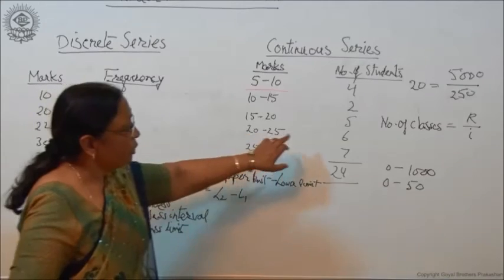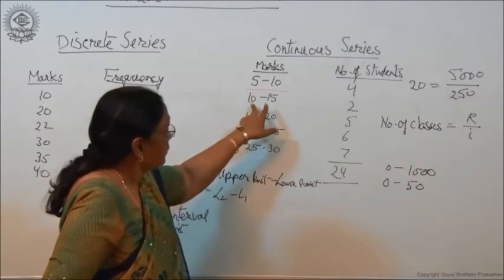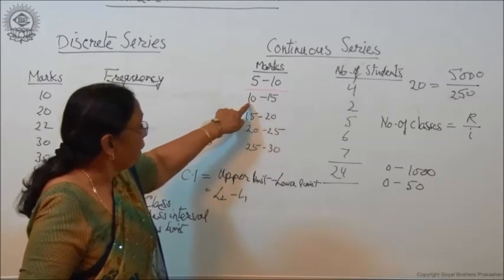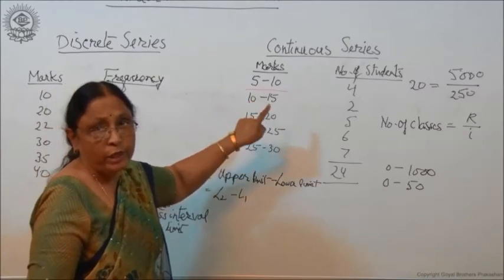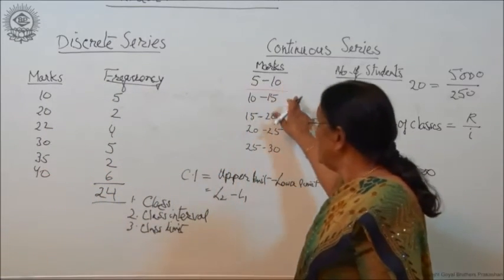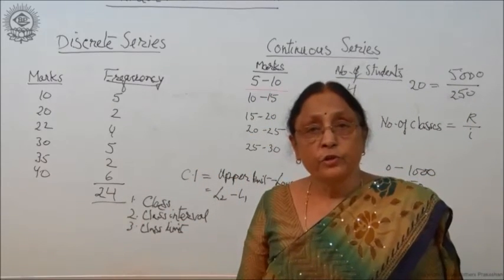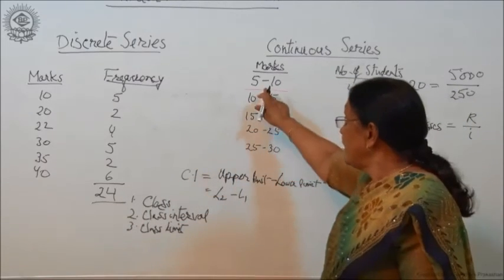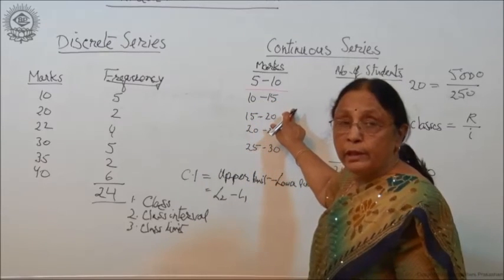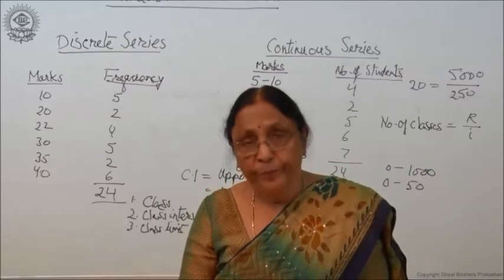So class, you have understood here how to divide the class. Class interval is the difference between the limits, and class limit is the upper limit and the lower limit. This limit can be either in whole numbers or it can be in fractions also. Maybe 5.5 to 10.5 or 10.5 to 15.5, like this. Okay. So this is known as class limit.